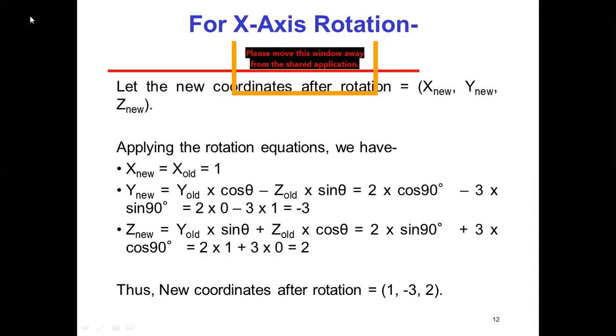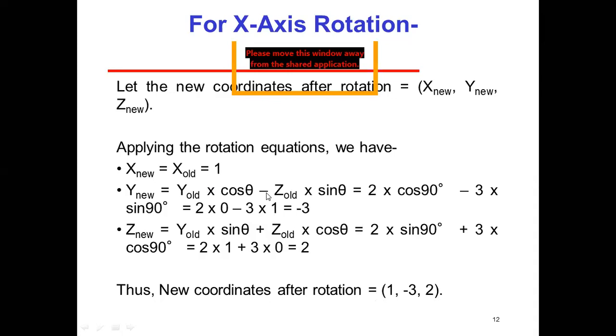Ultimately you can see the new coordinates after rotation about x-axis: 1 comma minus 3 comma 2. It is not difficult to calculate the new coordinates, you are just putting values in the equations.